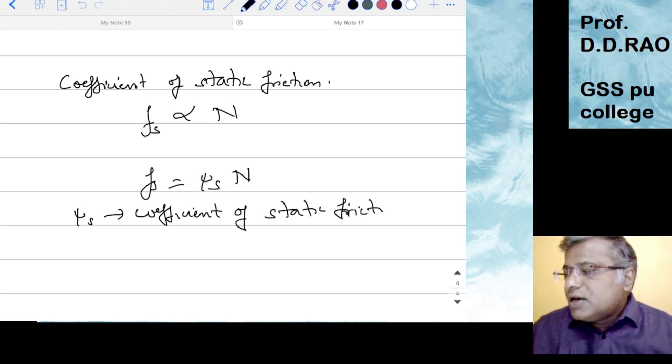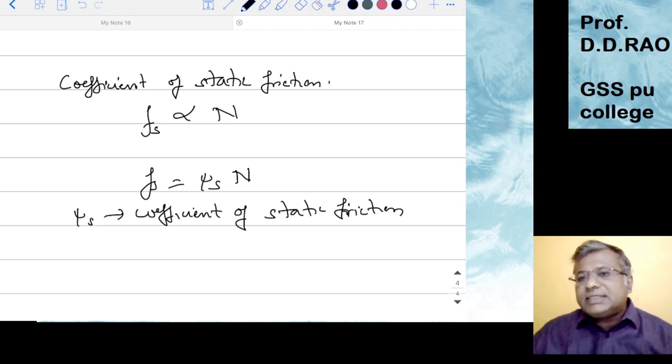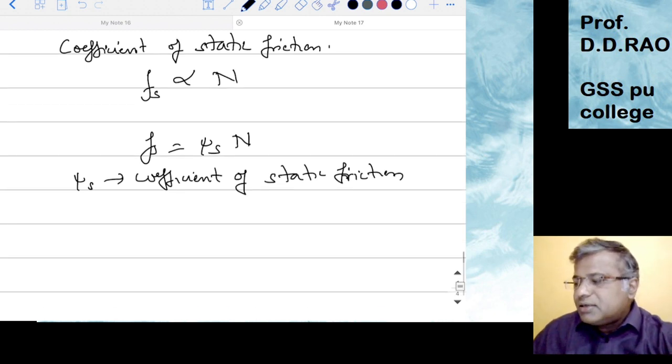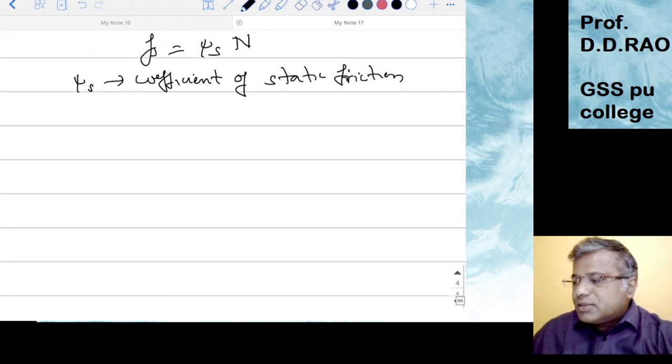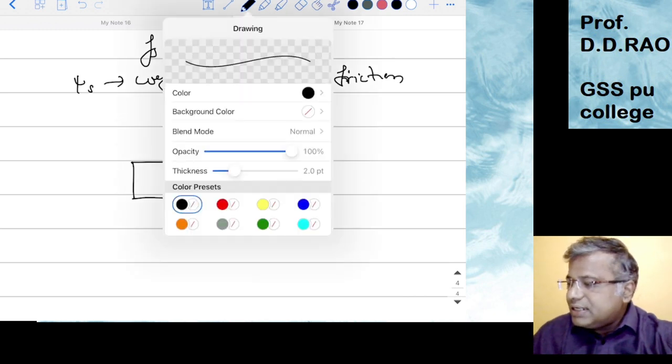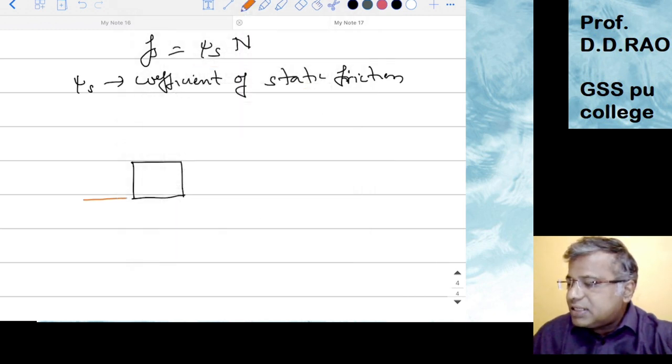Okay, and this coefficient tells us exactly what frictional force I'll have to overcome. So let me take an example. Let us say I have a rough surface, and this example will tell you what exactly I'm trying to make you understand.